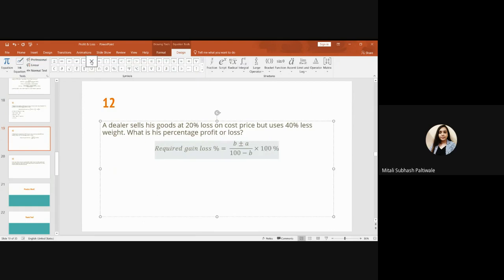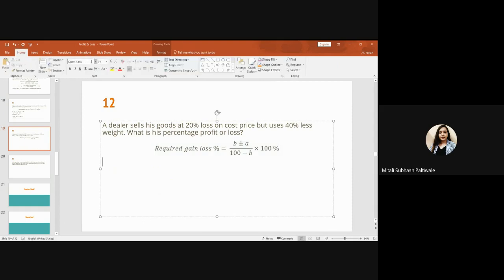This is the formula. What is B and what is A? So B here would be 40%. A is equal to 20%.